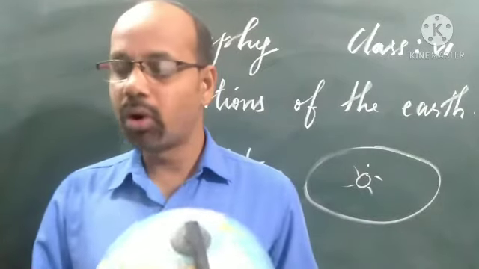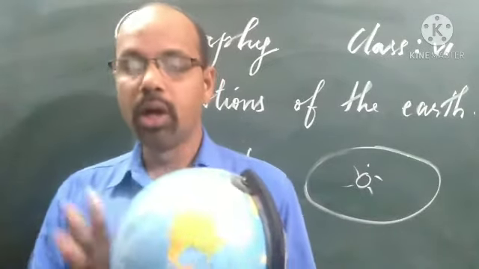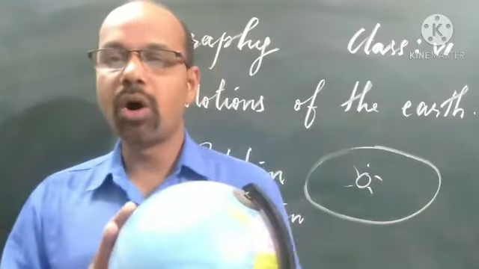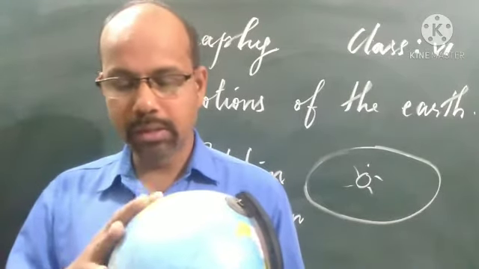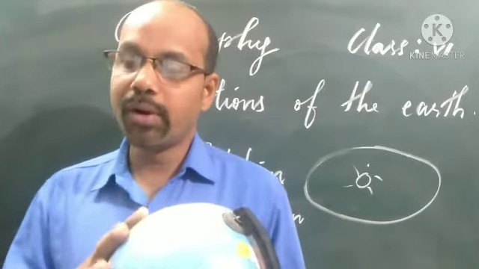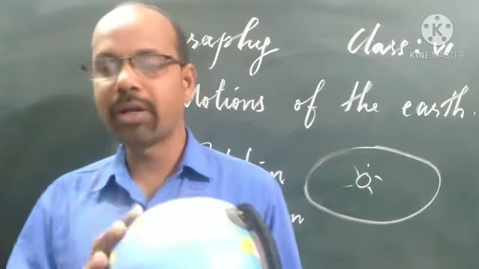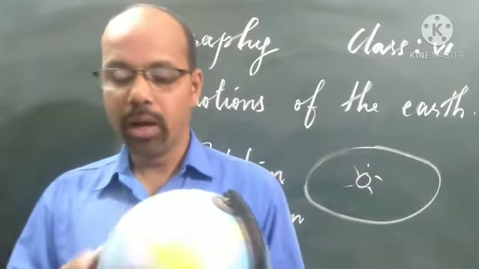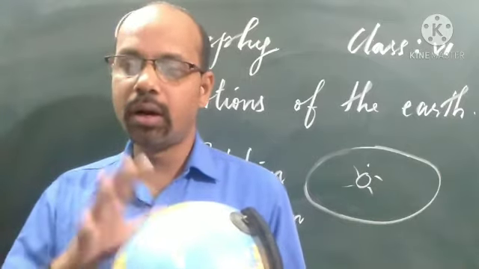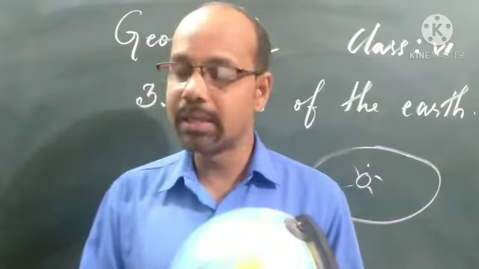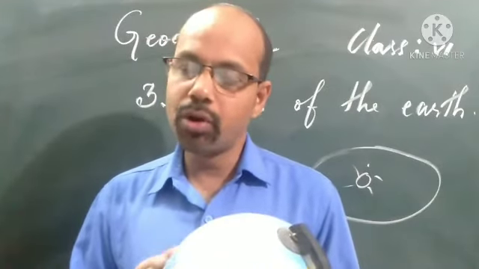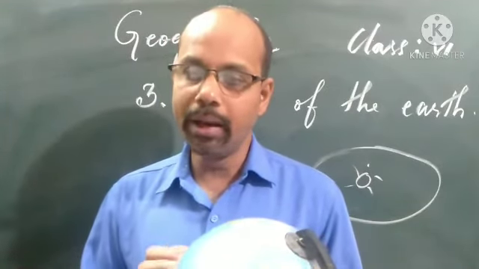Seasons are changing due to the movements of the earth around the sun, that means revolution. Due to the revolution, different seasons are occurring, winter, summer, etc. How it causes the different seasons due to the revolution of the earth, we will study in the next class.